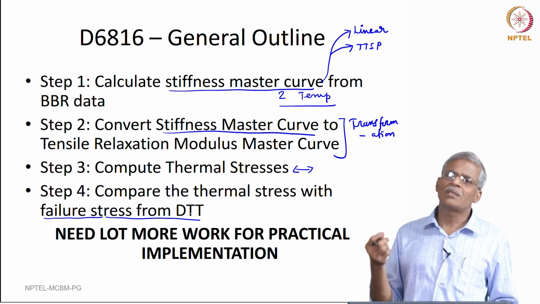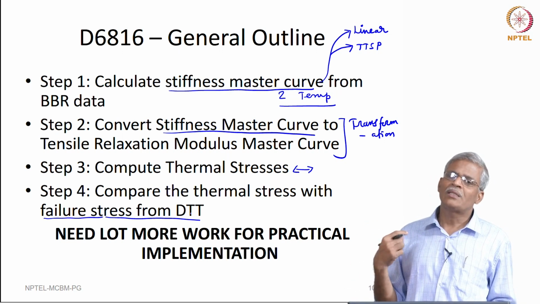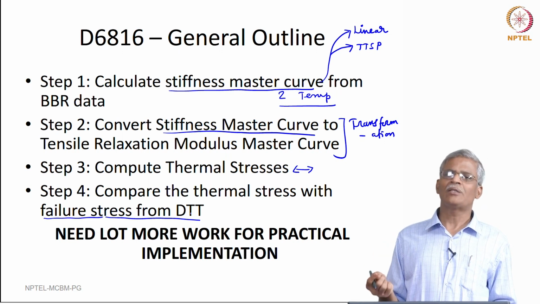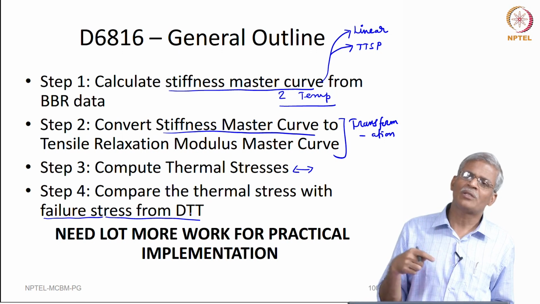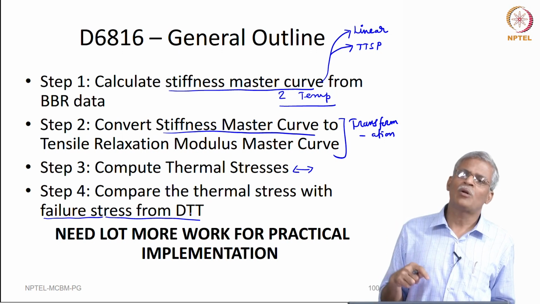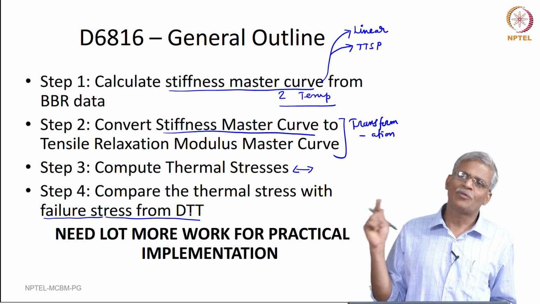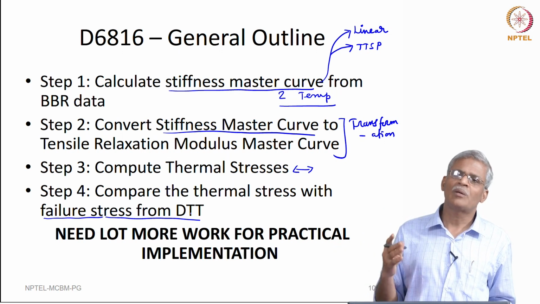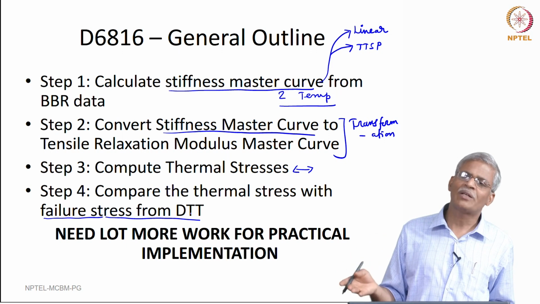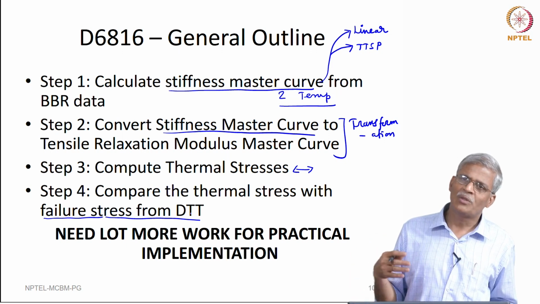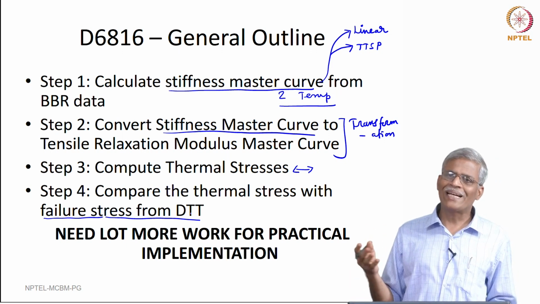There are a few additional factors that are used to convert the thermal stresses that you measure in the laboratory for the specimen to the field thermal stresses. So, there are some additional empirical factors that are used, for which a substantial amount of data is needed.